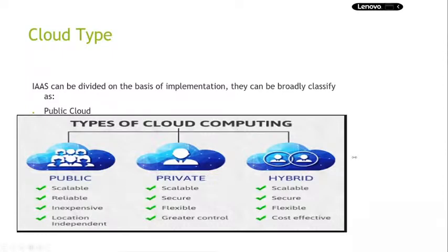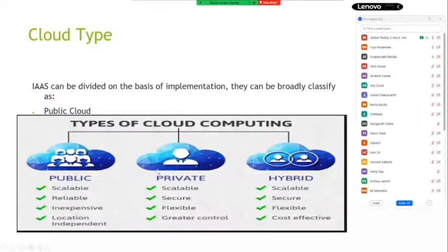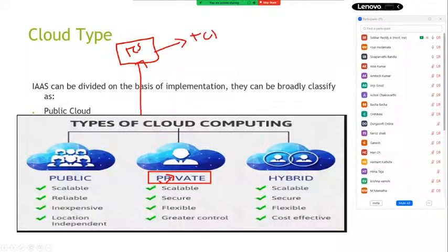That is about the public cloud. Private, in the sense of the organization: the resources that can be accessed only within the corporate network are called private. For example, you are working in TCS. We go to the office and connect to the TCS-provided VPN. VPN means virtual private network.